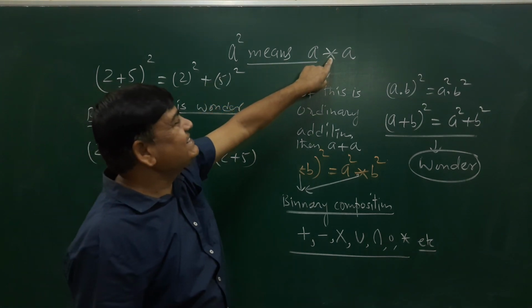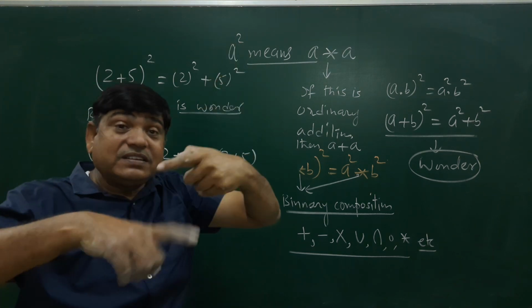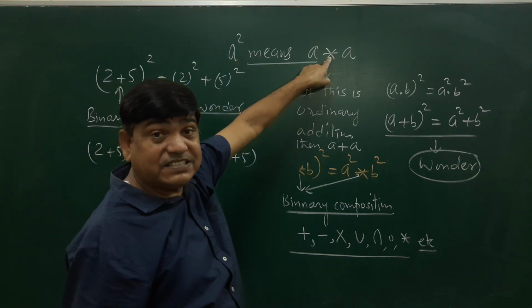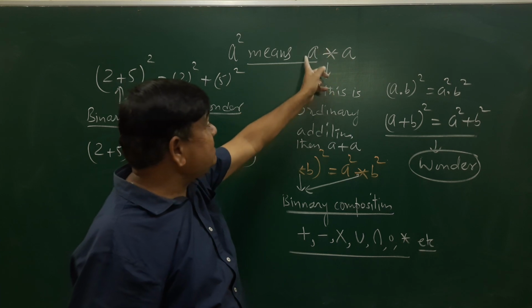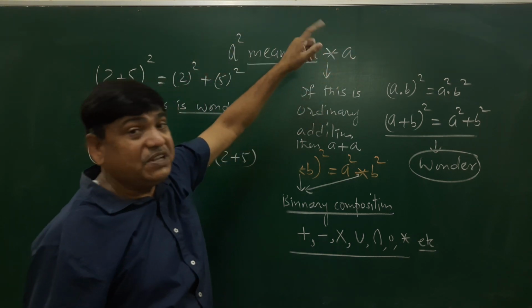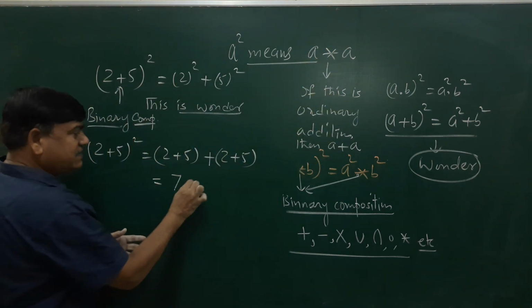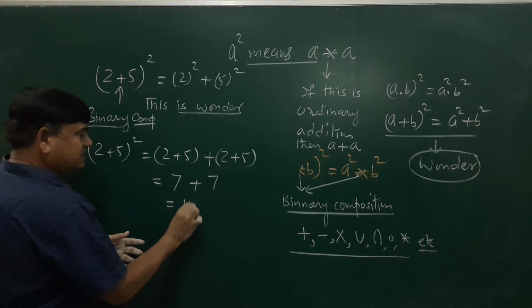The operation is this, and these two elements are identical. If plus then plus; simplify: 2 plus 5 is 7, so the answer is 14.